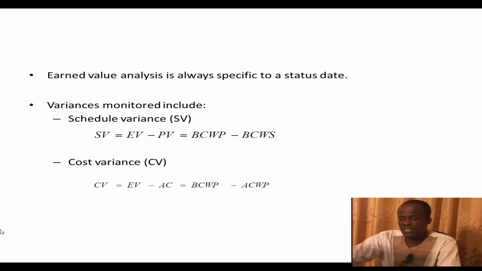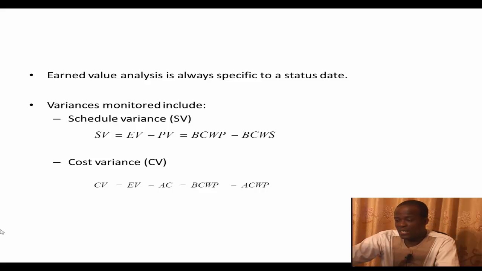The schedule variance gives you an indication of whether you are on schedule, running late, or far ahead. But usually we say either you're on schedule or you're running late. And the cost variance gives you an indication whether you are within budget or there's a cost overrun.